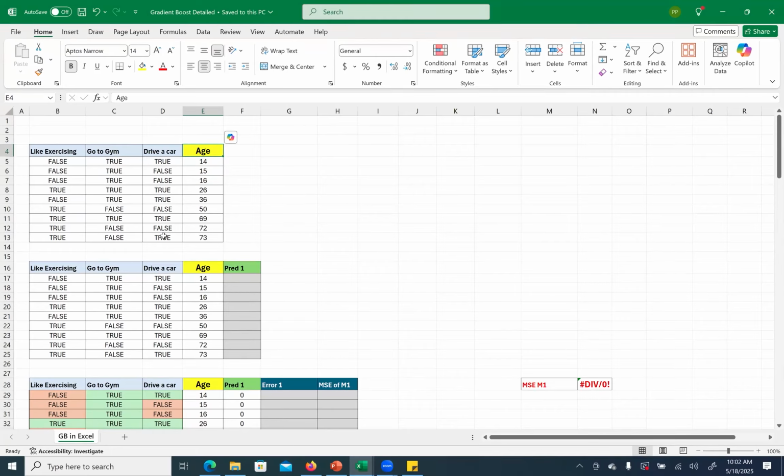Now, in gradient boosting, we create multiple models. If you remember AdaBoost, what did we do to create the first model? We used a decision tree, a decision stump, where the depth is only one.